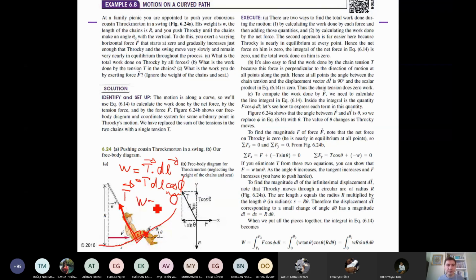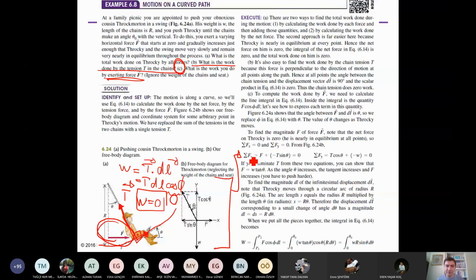And the last one: what is the work you do by exerting force F? How to calculate this one? We can use the free body diagram here. Calculate the net force along the x-axis, and the net force along the y-axis.